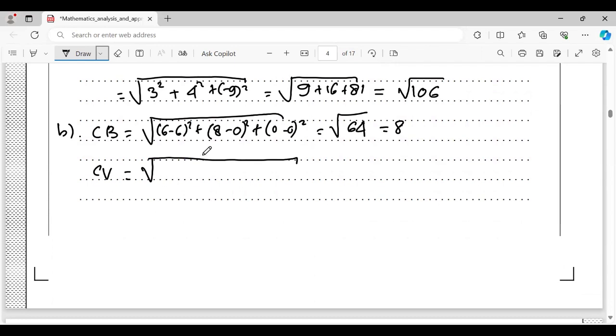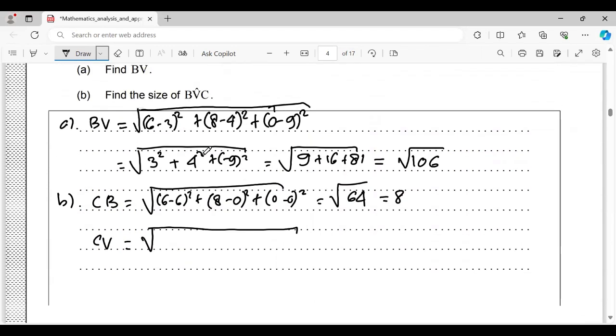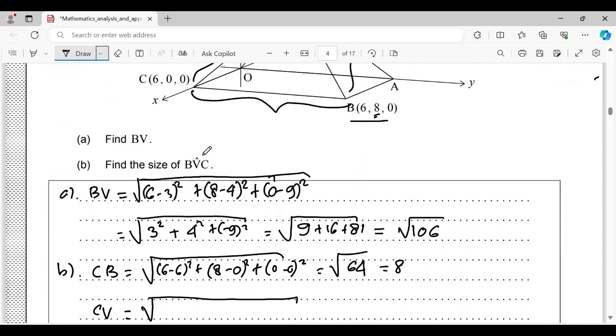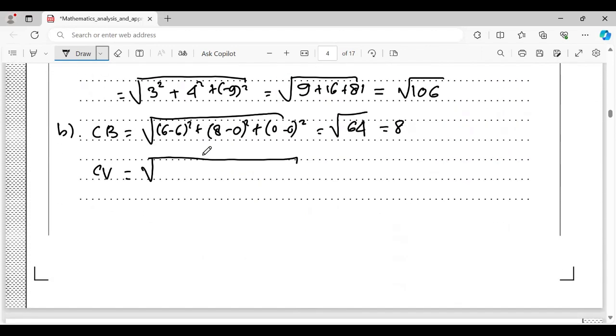CV equals, with C (6, 0, 0) and V (3, 4, 9): 6 minus 3 squared plus 0 minus 4 squared plus 0 minus 9 squared.